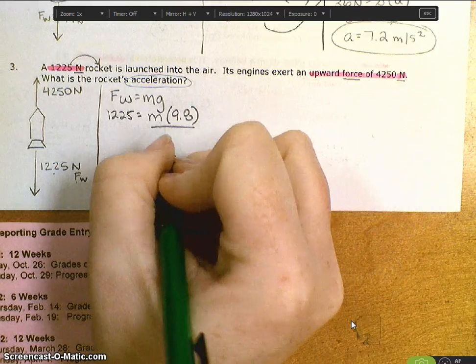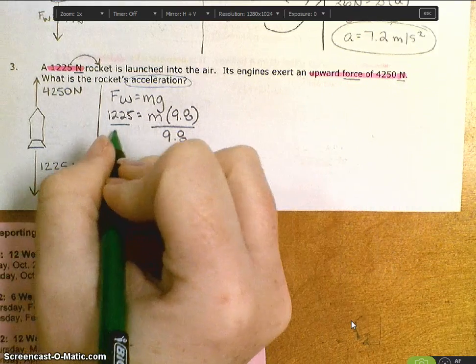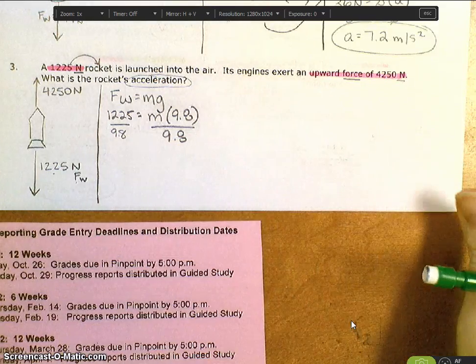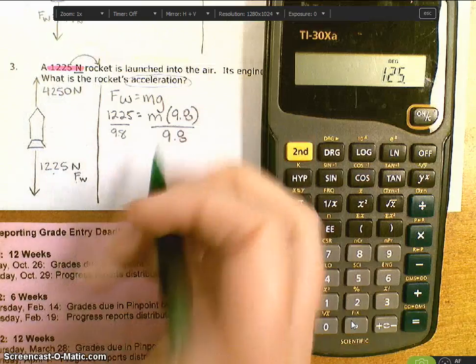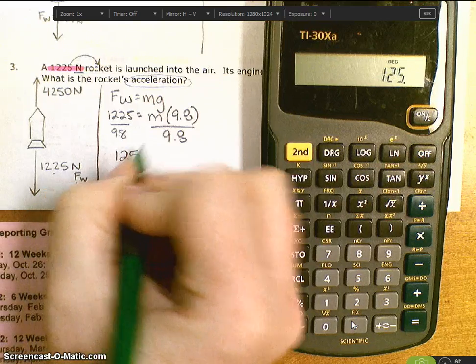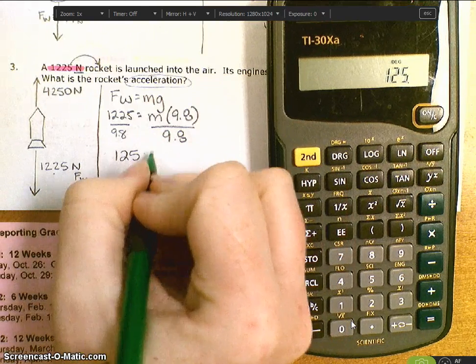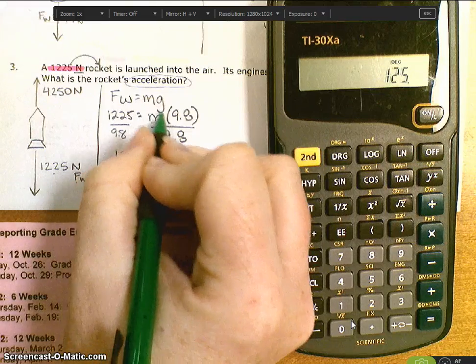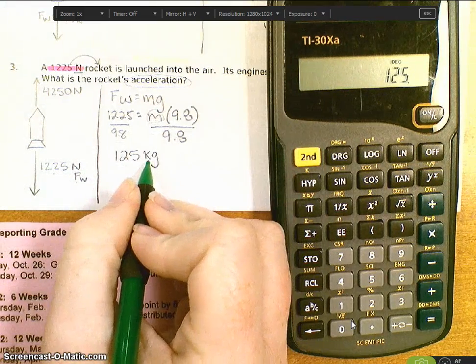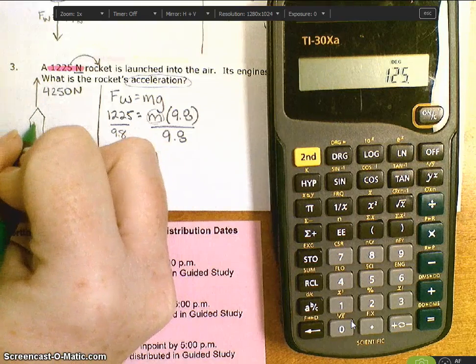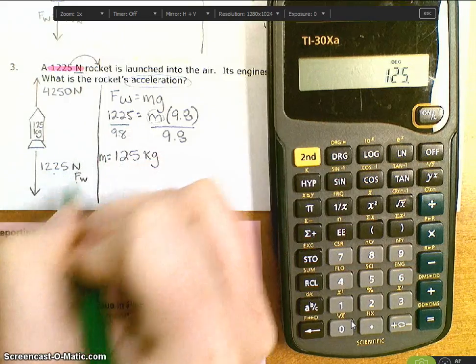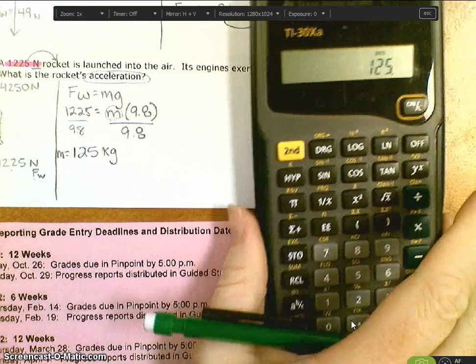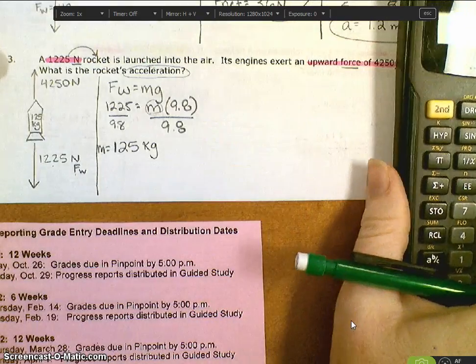Gravity is always 9.8. The mass comes out to 125. Got to check my unit there. I was solving for mass, so it's kilograms. I'm going to label it there too, just in case I get lost later. I know where to come back and look.